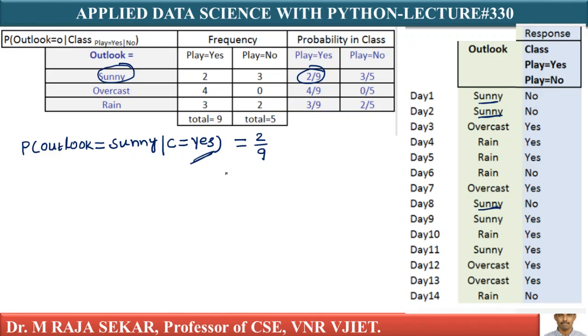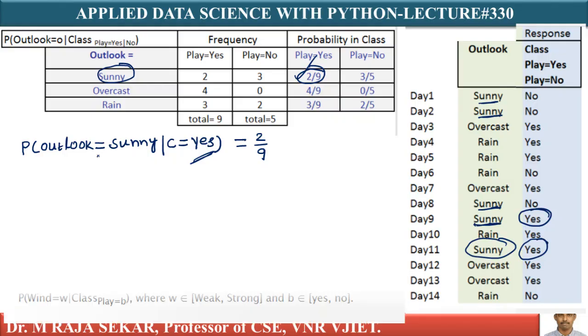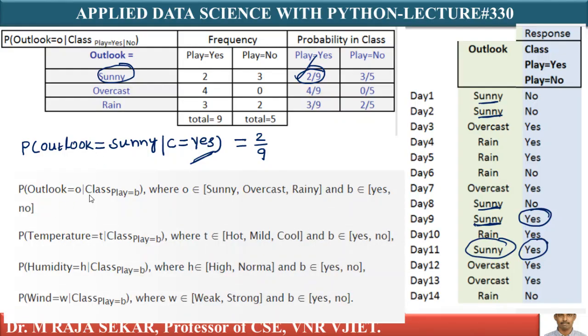I need class C equal to yes. Again, Outlook equal to sunny, yes, I need this one. How many are there? There are only two favorable cases. Totally, how many are there? There are 9. 2 by 9. In this manner, you can calculate probabilities, isn't it?